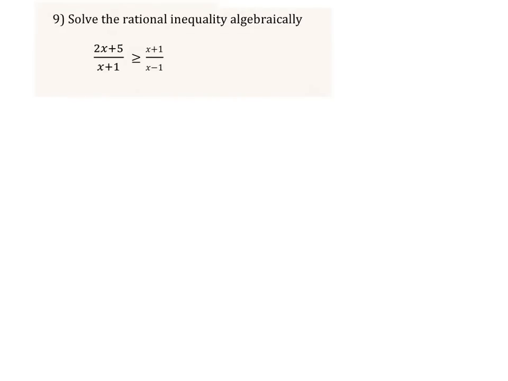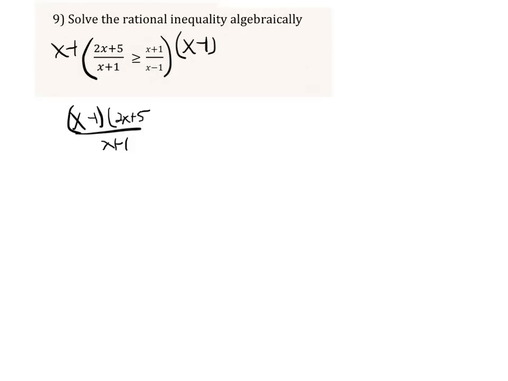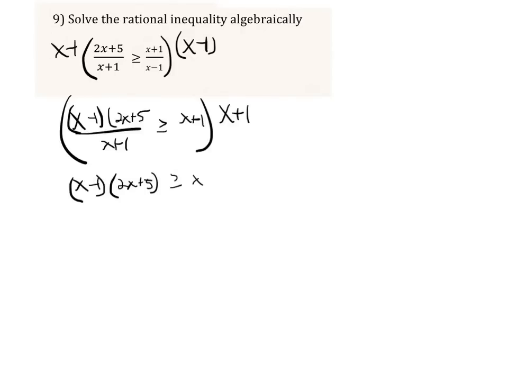We're going to multiply both sides by x minus 1, so we get x minus 1 times 2x plus 5 all over x plus 1 greater than or equal to x plus 1. Then we multiply both sides by x plus 1, giving ourselves x minus 1, 2x plus 5 greater than or equal to x plus 1 times x plus 1.